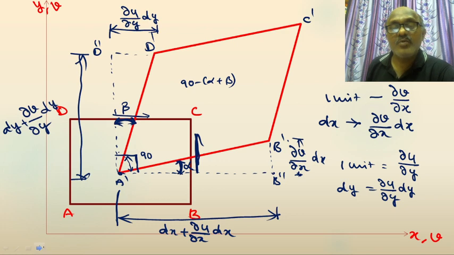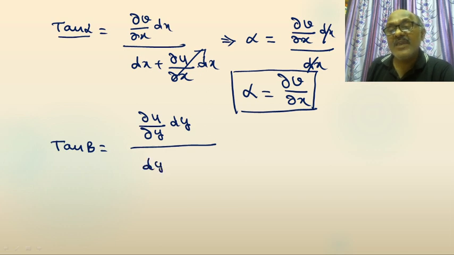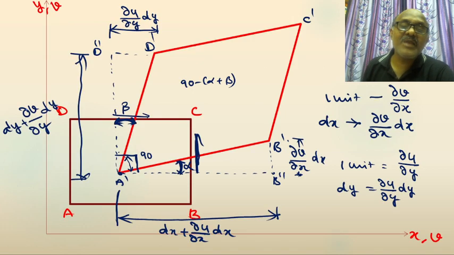So that is equal to ∂u/∂y into dy divided by dy plus ∂v/∂y into dy. All of it clear, my dear students? See, dy plus ∂v/∂y into dy. This is ∂u/∂y into dy, this is the opposite side. This is the adjacent side for this triangle.